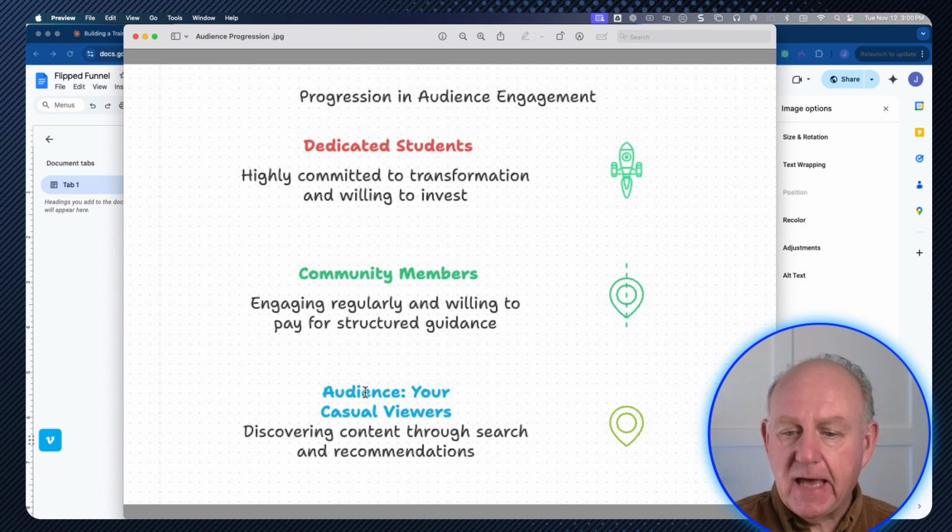And in our case, in that closed community that has already said, hey, I'm here, I like what you're doing, it's of interest to me, I'm engaged, what's going to happen is we're going to introduce more advanced courses. We're going to have cohorts or live training sessions that you're going to have to pay for.